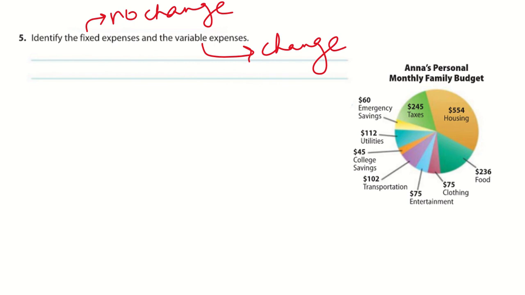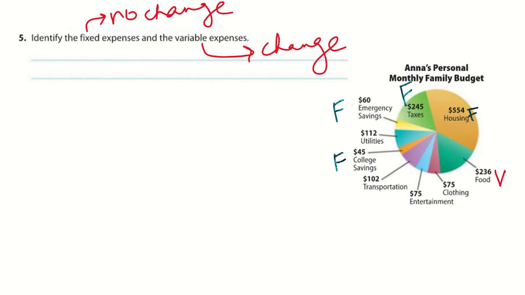So why don't I put housing is going to be a fixed. It stays the same. Your rent stays the same. Taxes is fixed. Savings, fixed. College savings is fixed as well.